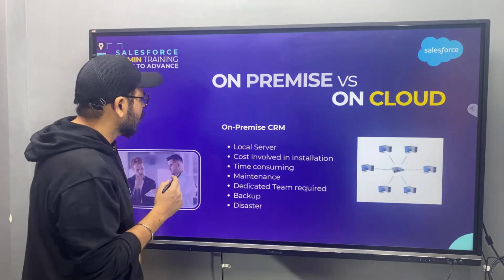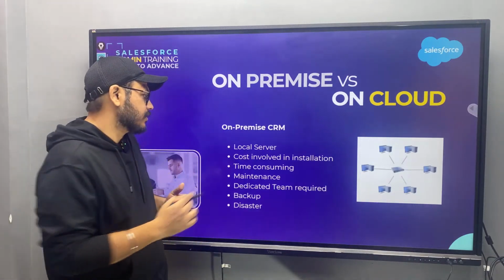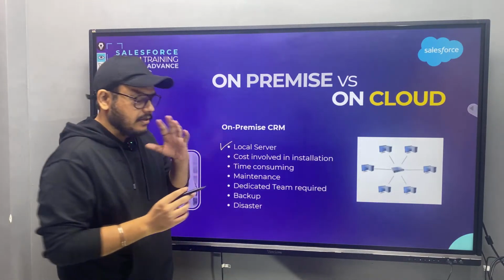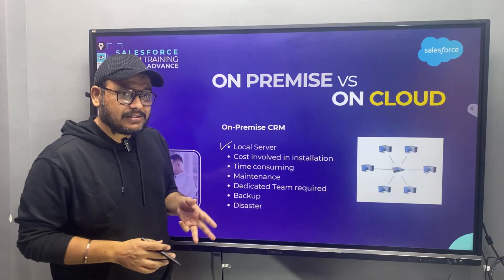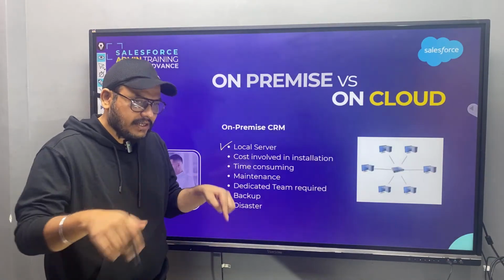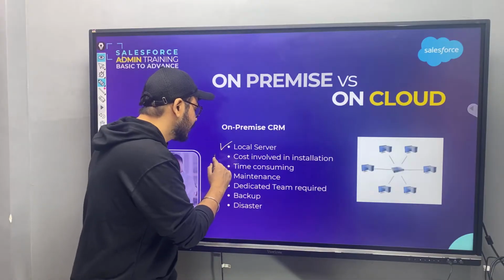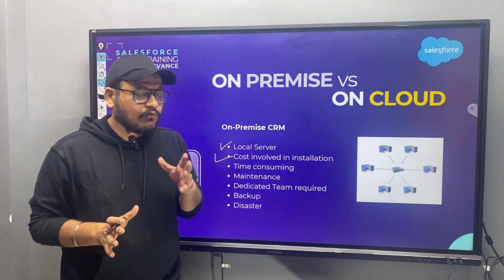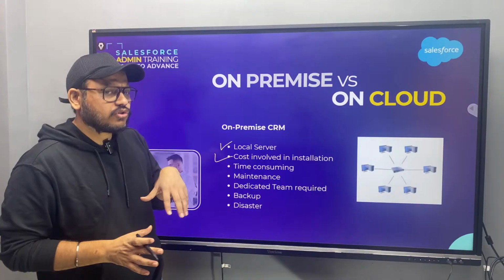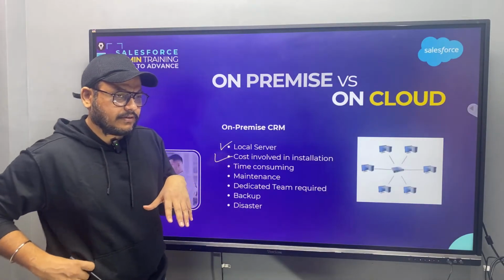This on-premise CRM has a few limitations. What are the limitations? First, it's a local server. A local server would mean that it can only be accessed locally. There's a good amount of cost involved in installation of that server, right?